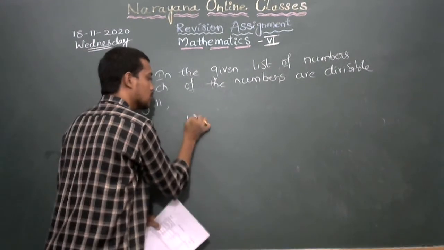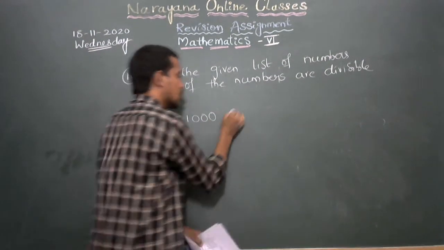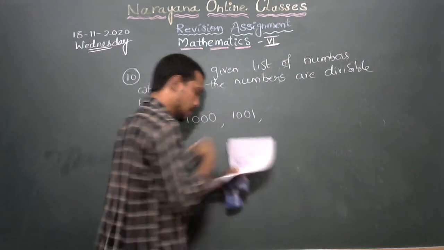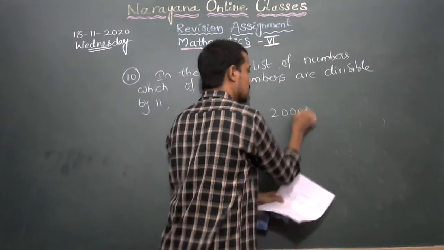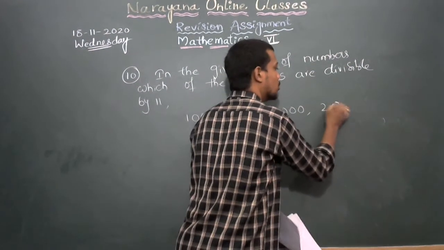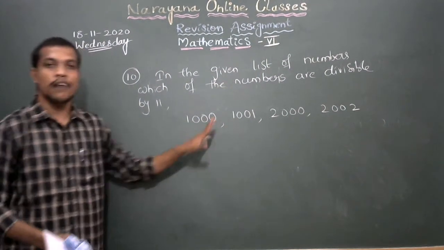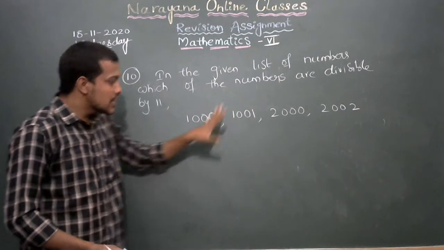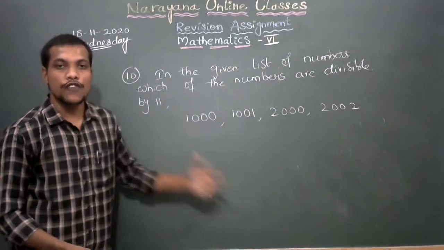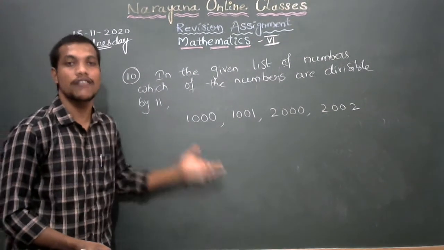That means 1000, 1001, 2000, 2002. So here in this 10th question, they have given some list of numbers. In this list of numbers, you need to identify which number is divisible by 11.